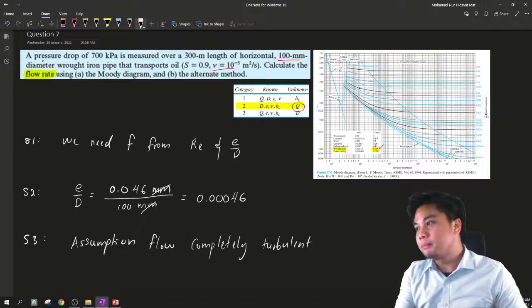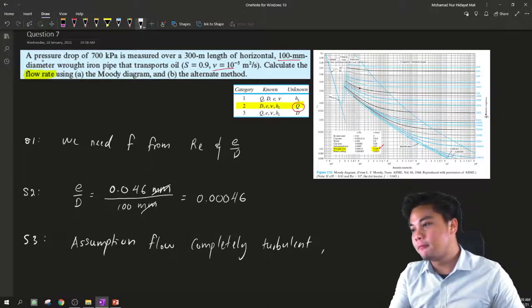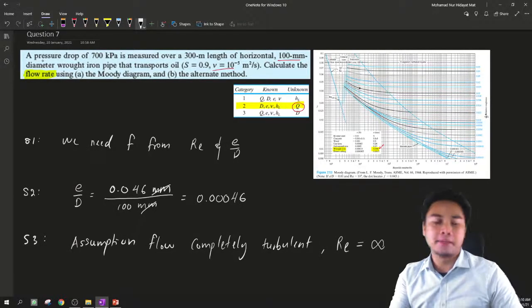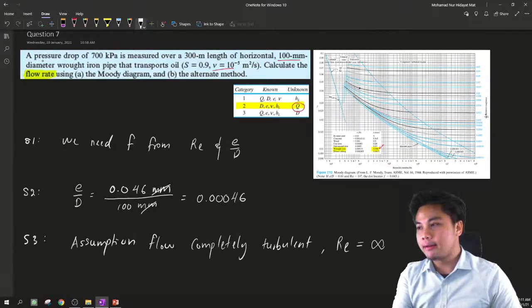So when the flow is completely turbulent, the Reynolds number in this case is infinity. Look at the diagram.